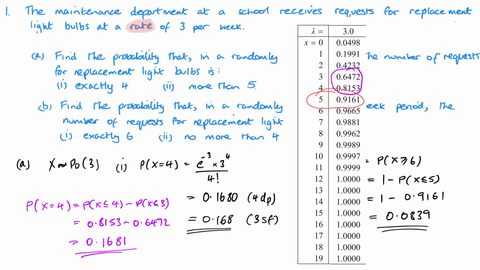But to 3 significant figures, they will be the same. And that's because these have been all rounded to 4 decimal places. So there is a rounding error that is going to come into play if you keep it all at 4 decimal places, which is why 3 significant figures is the preferred choice in the exams.